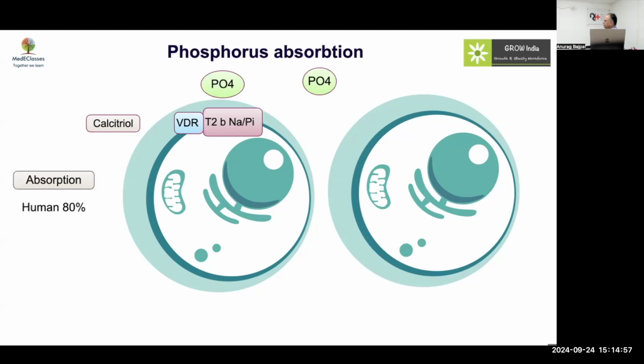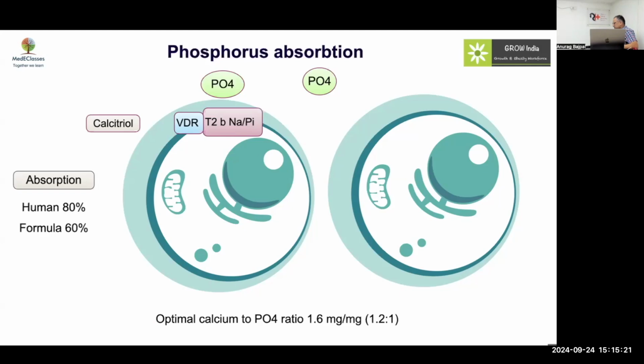Now, phosphorus absorption again happens through the two pathways, and we discussed this in detail. Around 80% of human milk phosphorus, that is mother's milk, and 60% of formula phosphorus is absorbed via the pathway, as compared to the 80% we talked about for calcium absorption. So if somebody is having formula, you will get less phosphorus from that perspective.